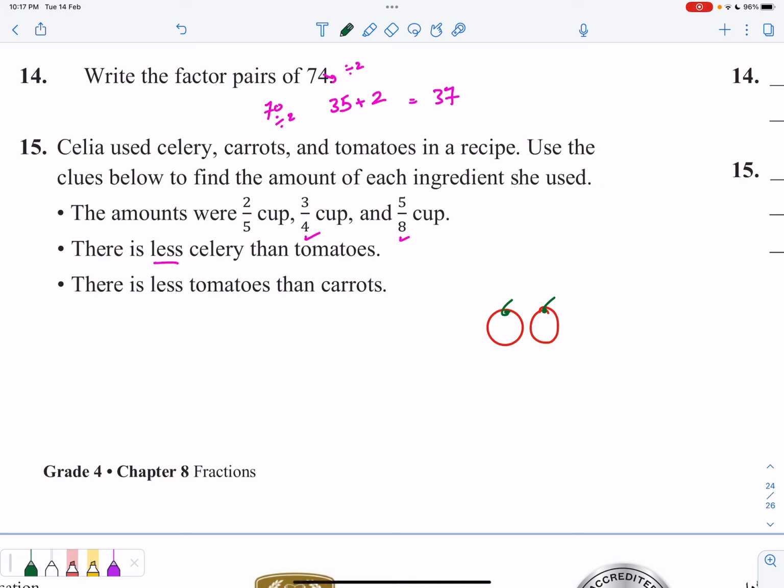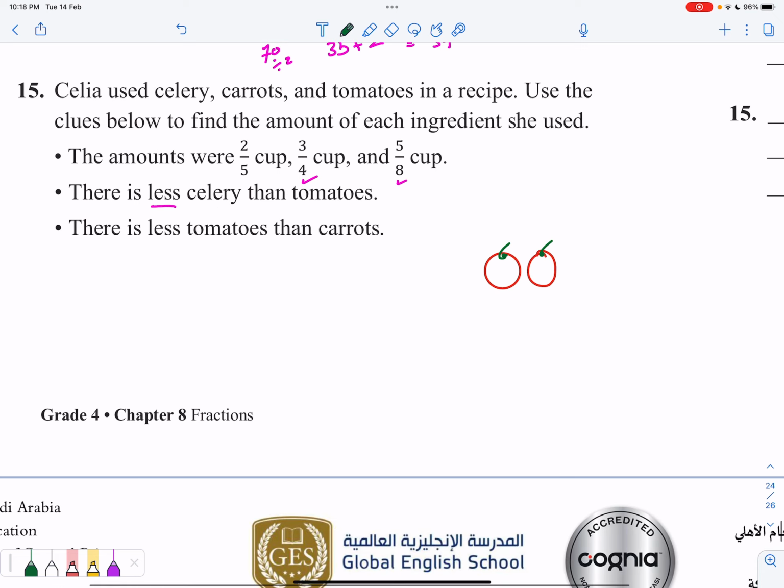Celery, I'm not sure how we can draw that. Give me a moment, I'll try to Google it. Okay, I guess we can draw the celery like that.